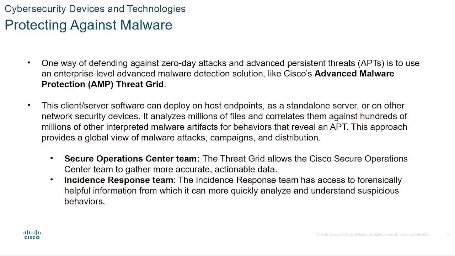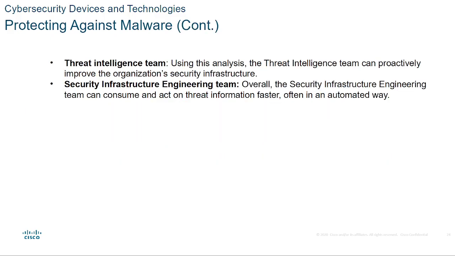So the Security Operations Center team, all right, this is the SOC team. So remember, one of the roles of a cybersecurity is the SOC analyst, Security Operations Center analyst. So the threat grid allows the SOC team to gather more accurate, actionable data. Then there's also the incident response team. So the incident response team has access to forensically helpful information from which it can more quickly analyze and understand suspicious behaviors.